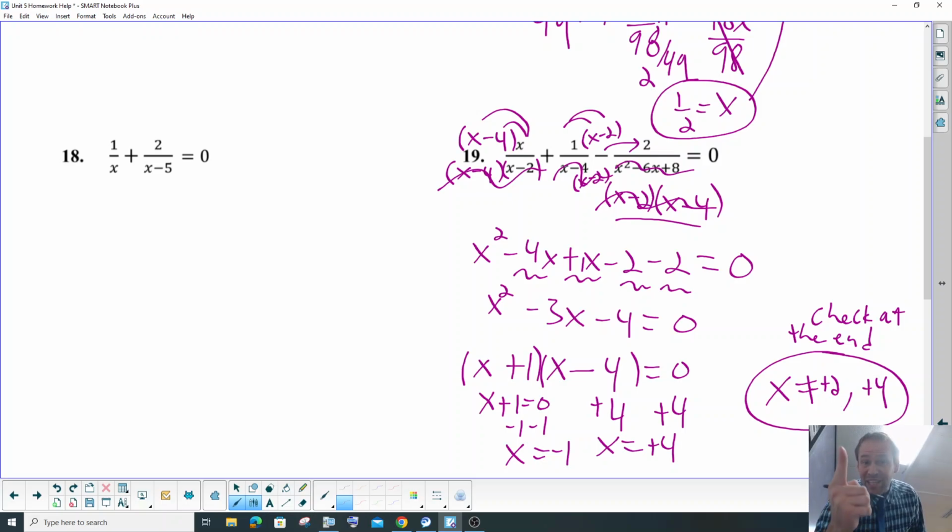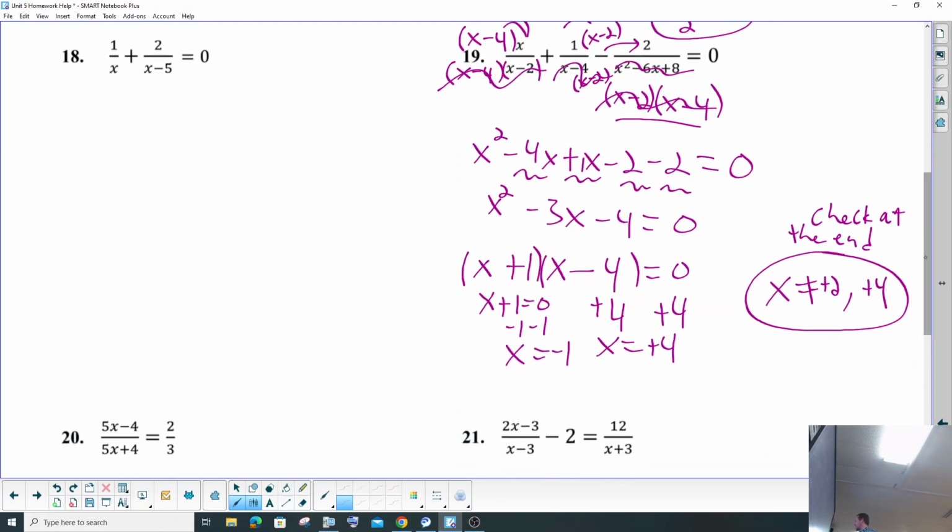But if you check it with the restrictions, what's the problem? Well, we also learned that x can't equal positive 4. So that means this one doesn't work.